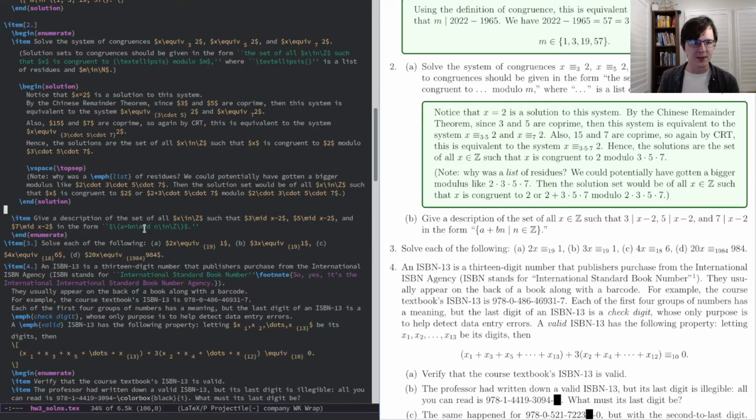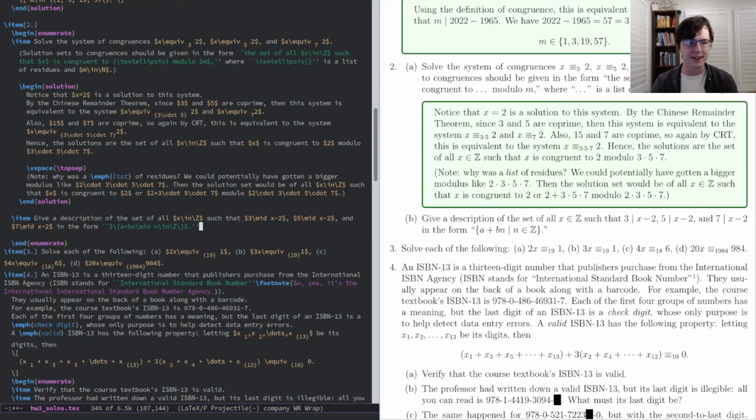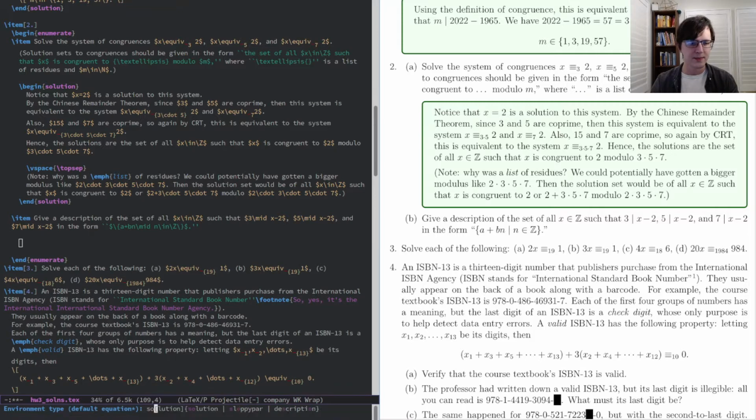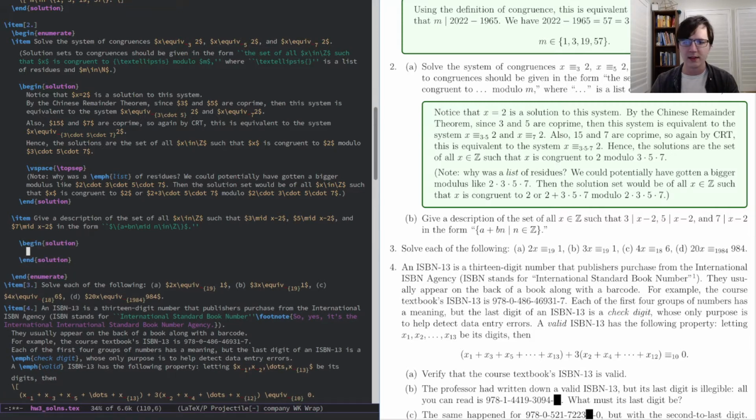Hopefully I don't ramble too much while I'm giving these solutions. So let's give a description of the set of all x such that 3 divides blah blah blah. And this time it's asking in the form of a set like that, where it's a plus bn for n in the integers.